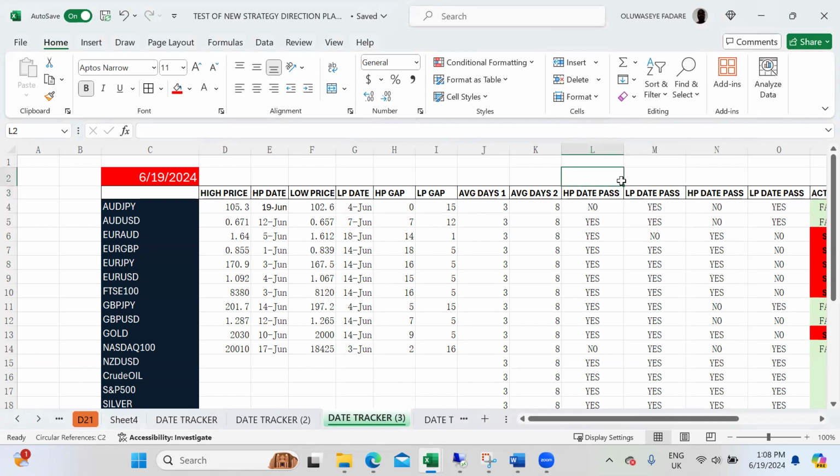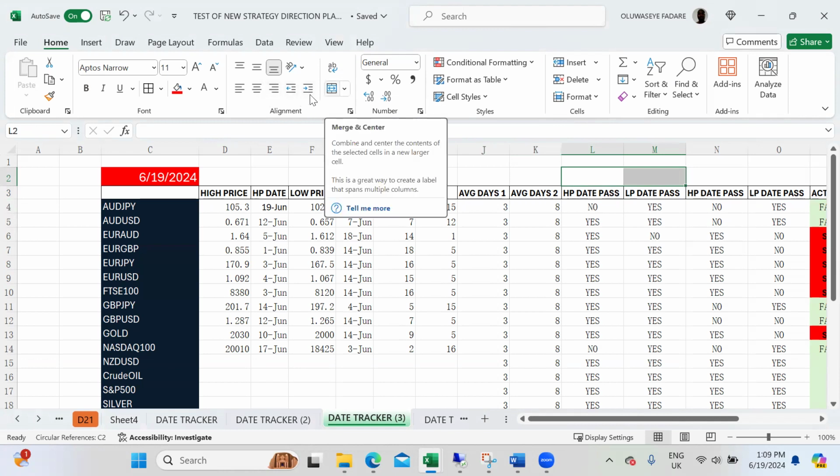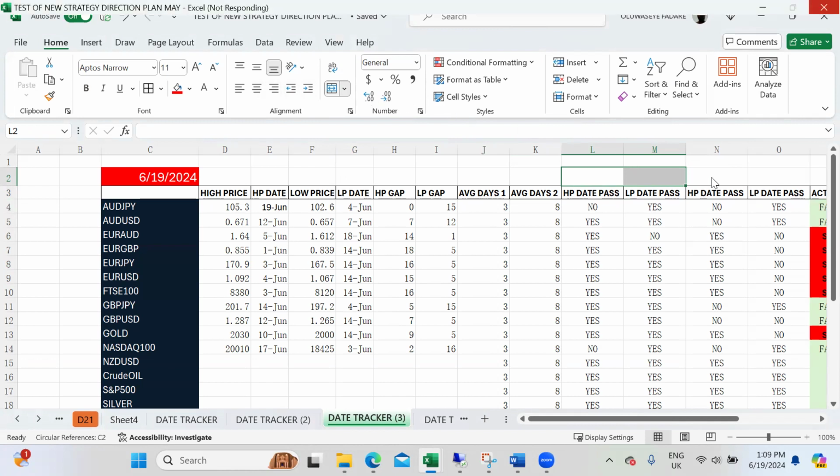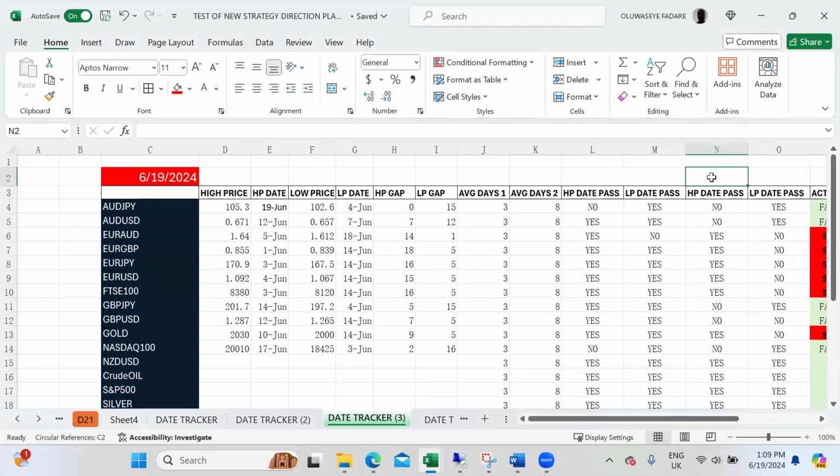This is for average day 1, and this will be for average day 2. So let me match them together, so average day 1 and average day 2.